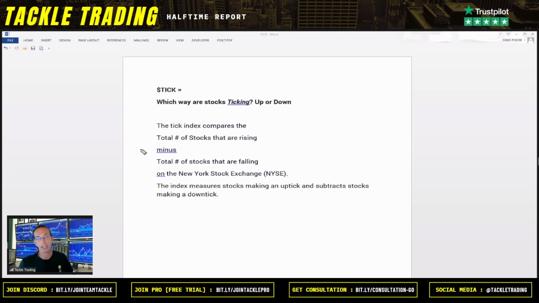That's an uptick. It just wants to know which way prices are moving on all the stocks at a certain amount of time. So it's kind of like saying, take the stocks that are moving up, subtract the ones that are moving down. What's the net? Is it positive or negative? So the $TICK follows the NYSE. The index measures stocks making an uptick and subtracts stocks making a downtick.